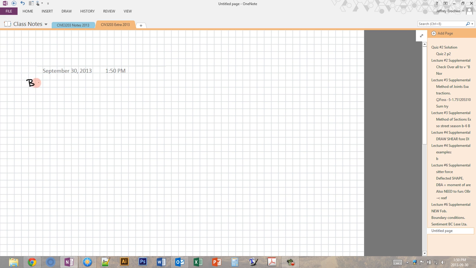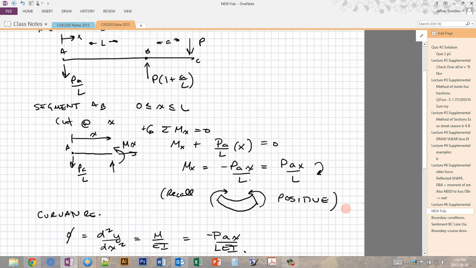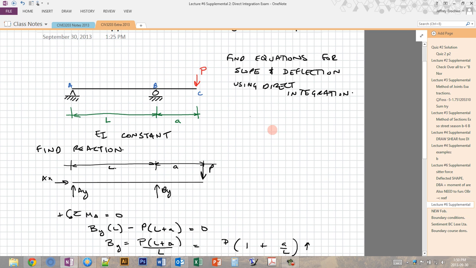And now again, we use our boundary conditions, and the boundary condition here is a little bit different. Okay, we have one, which is obvious because we have our pin. So our roller at x equals L, y equals 0. So that one's pretty obvious.